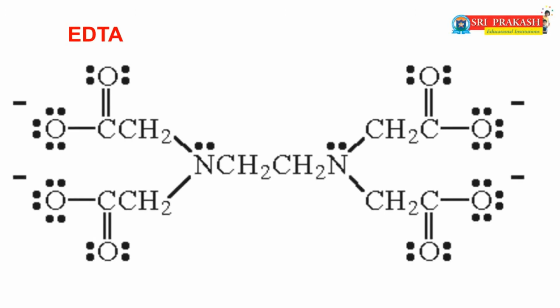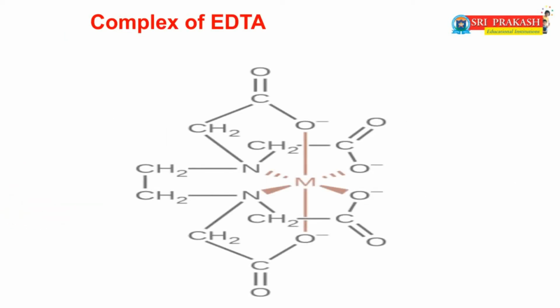This is the structure of EDTA. You already know that the charge of EDTA is minus 4: 1, 2, 3 and 4. This is the complex of EDTA. Here M is the metal and this is the EDTA.